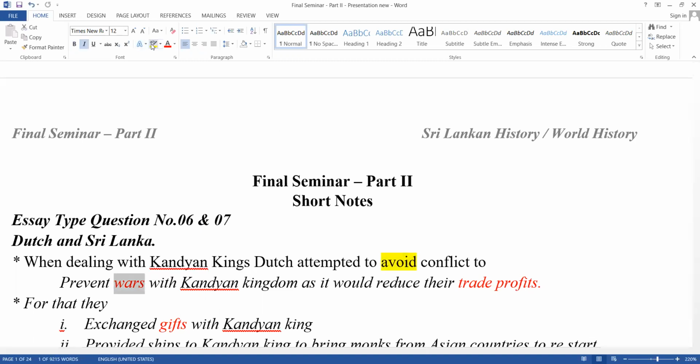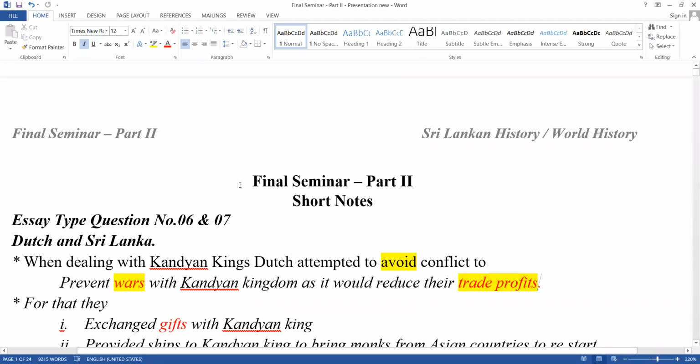Why avoid wars? Because war is always a problem. When having war, there is economic loss, and they wanted to get the maximum profits. So to get the maximum trade profits, they always wanted to avoid any war with the Kandyans.